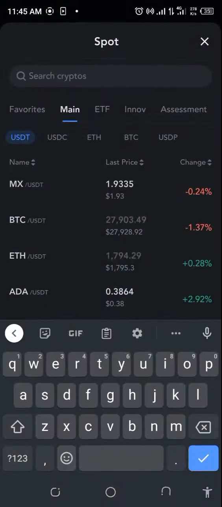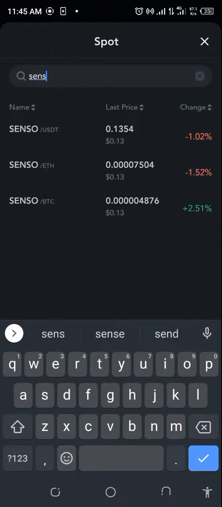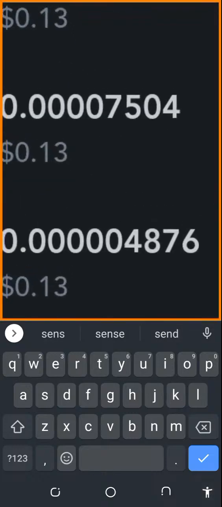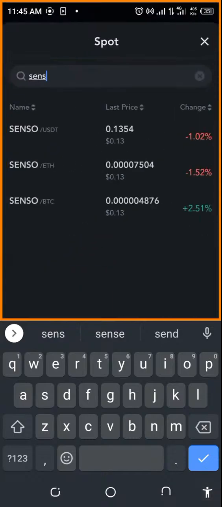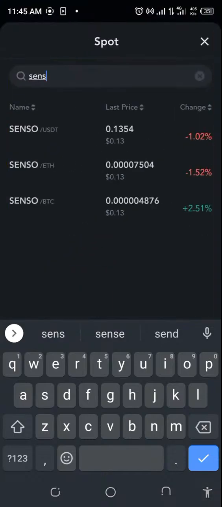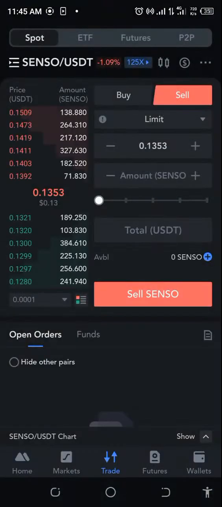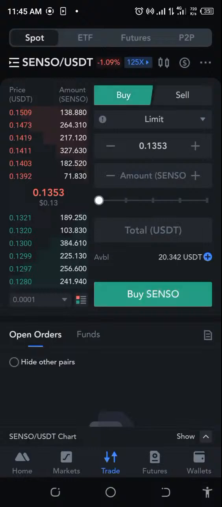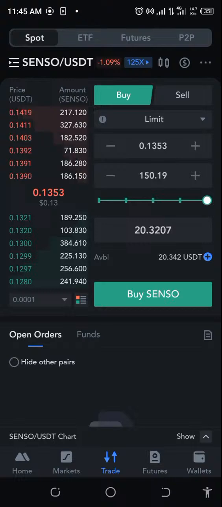So let's check on ETH. That should be Senso. Senso ETH. Well, everything still looks like it's the same price, but let me go back and try this out and then try to sell to ETH. Maybe with that, I could try to see whether that would be a better option.